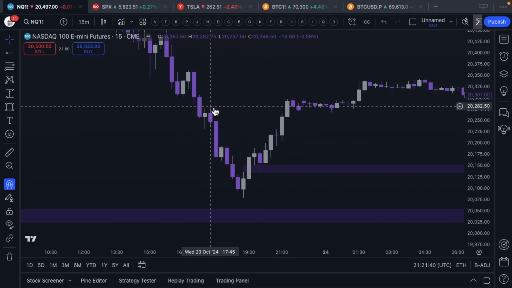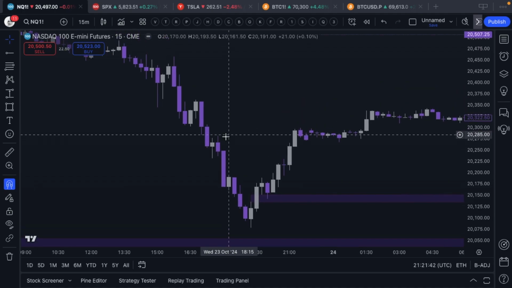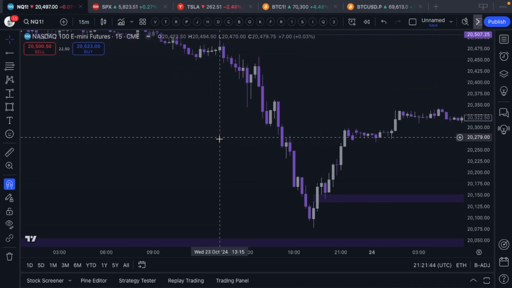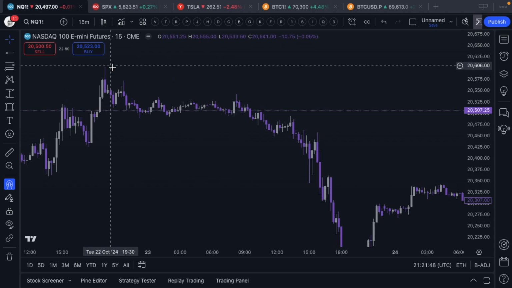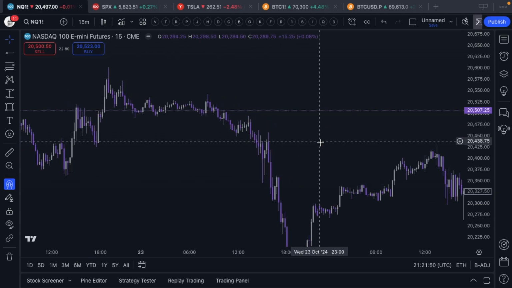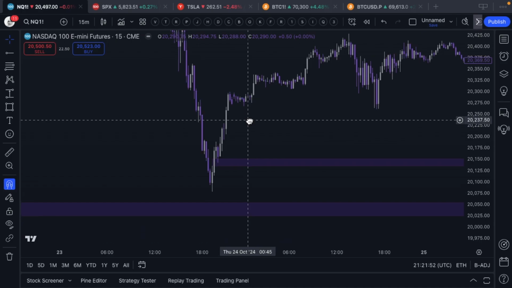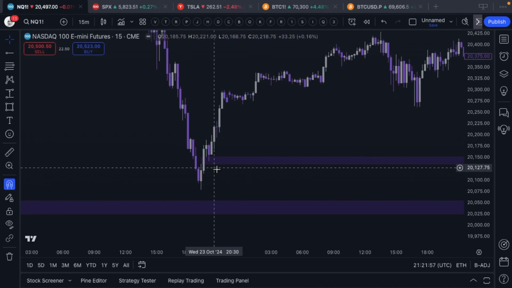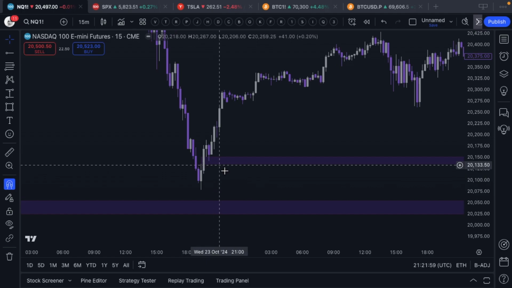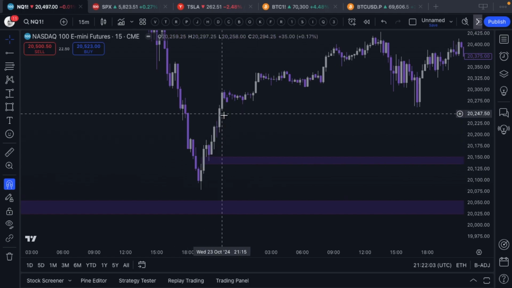This would definitely be a level that you might be interested in for your take profit, or you could be looking to swing trade this all the way up to these highs here. So once you take your take profit 1, you could be looking to potentially shore up your stop loss slightly. You don't want to put it into profit just yet because price has not moved that far away.